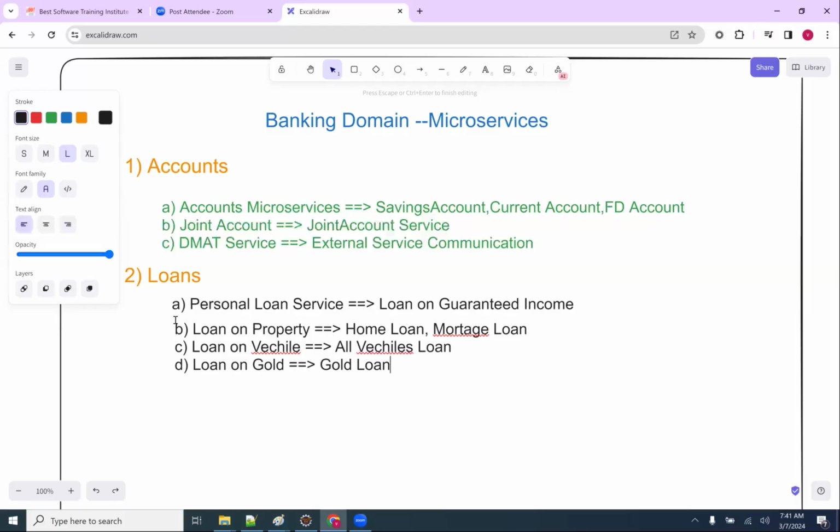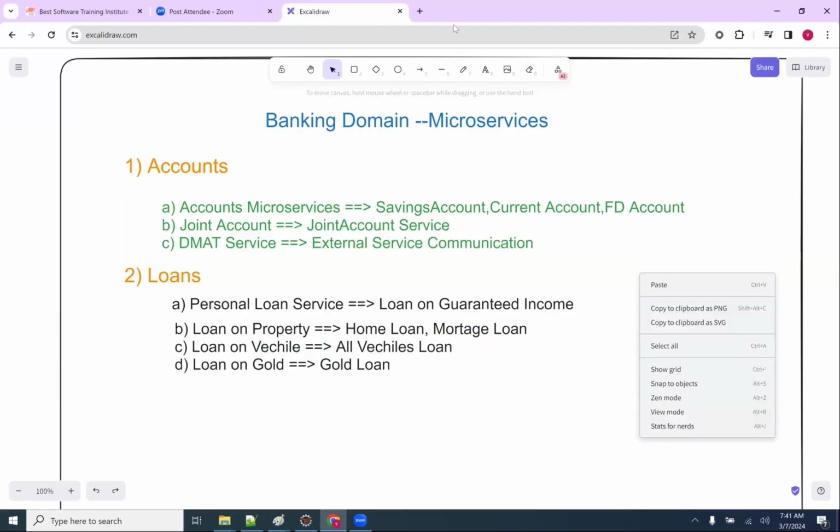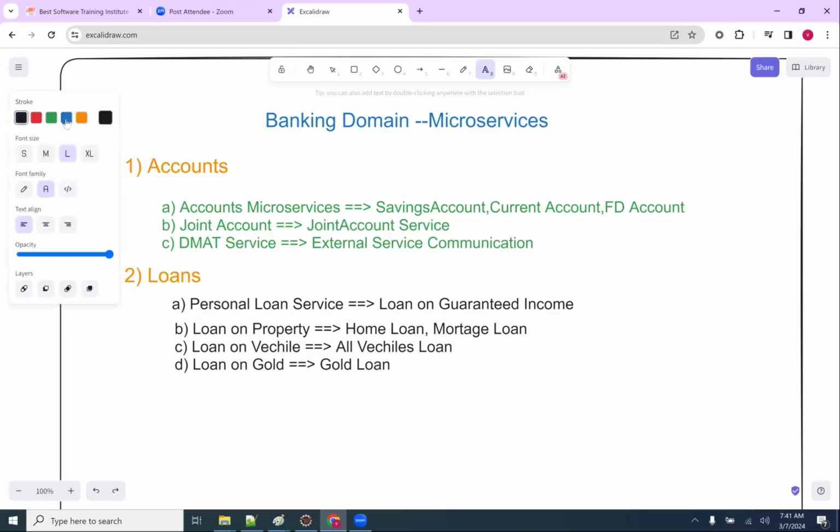So a principle I'm writing here, note: all loans require an account.